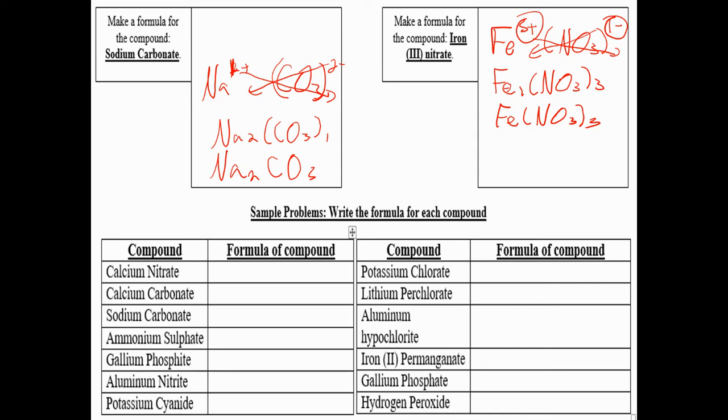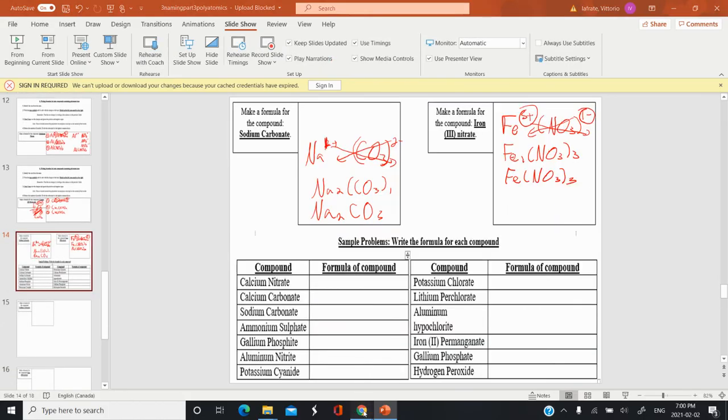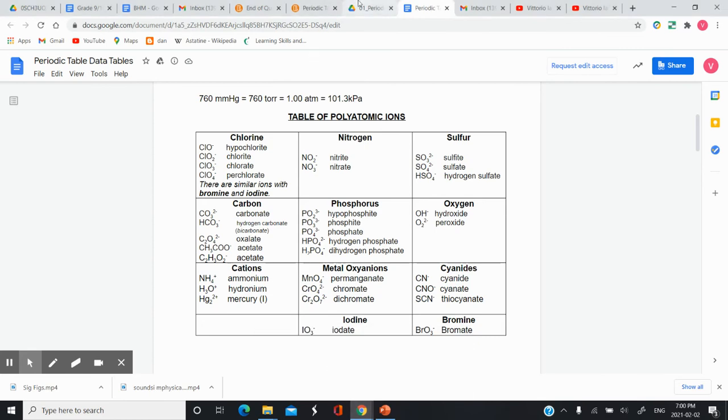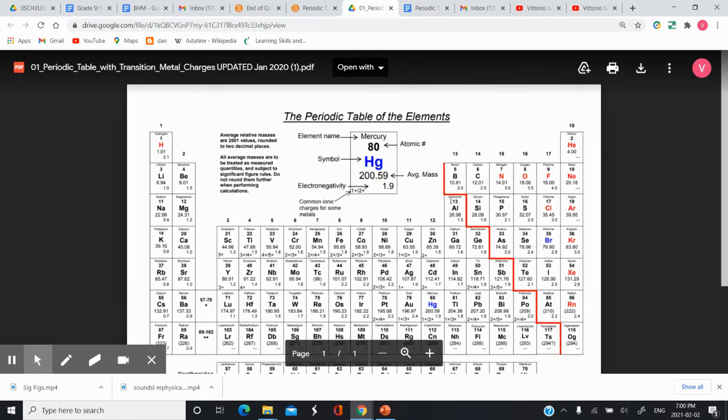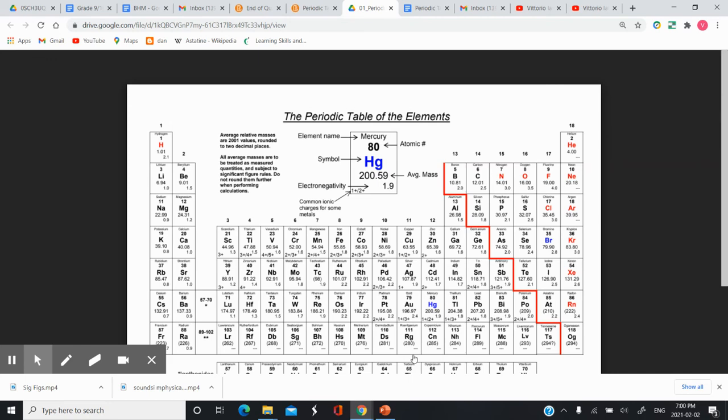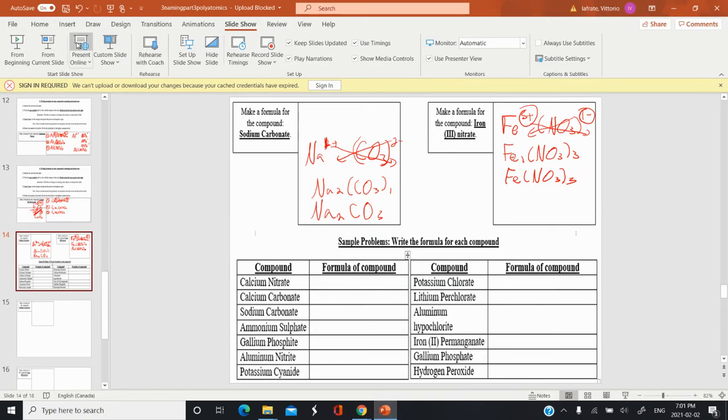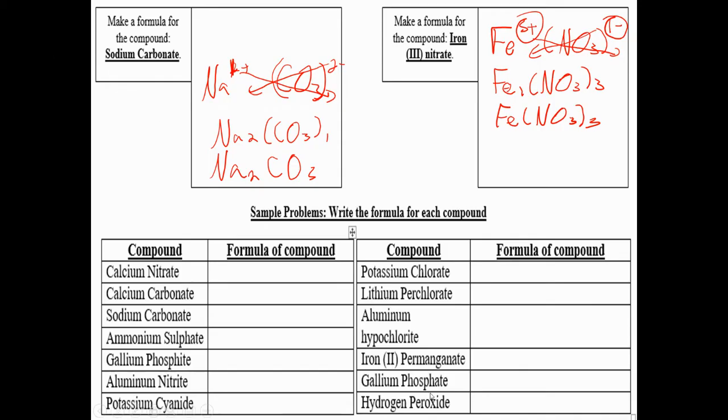So what we're going to do now is we're going to do one example where you might have to reduce. So let's go take a look at our periodic table here. Gallium has a charge of +3. So we're going to do gallium phosphate. Gallium phosphate is Ga3 plus.